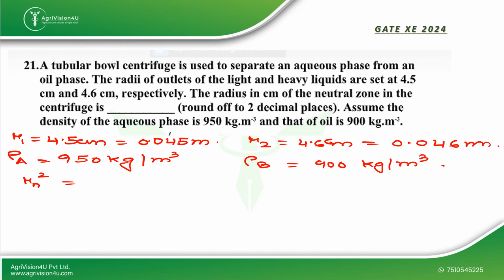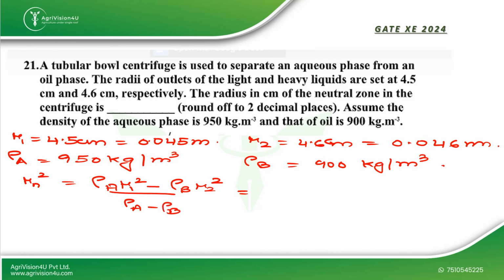So we know, first density into radius square minus second density into second radius square, divided by first density minus second density.